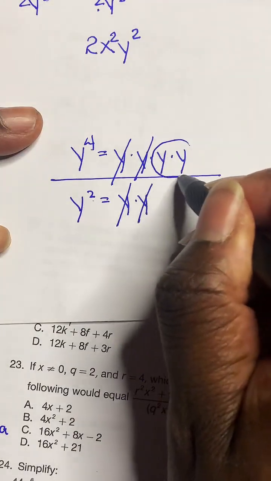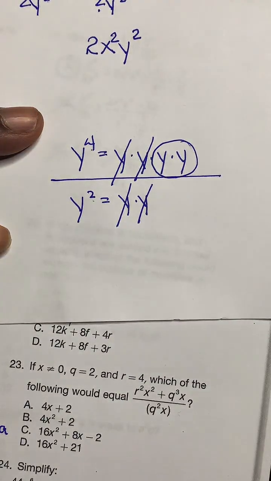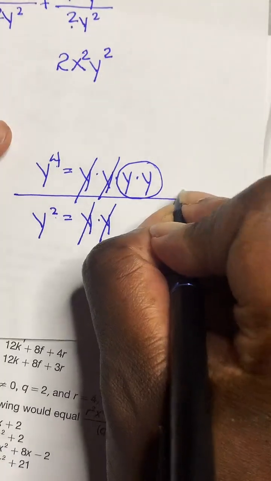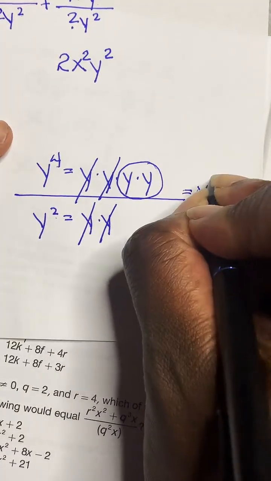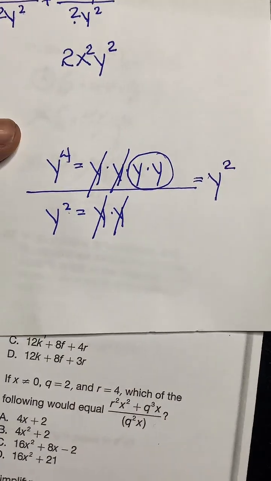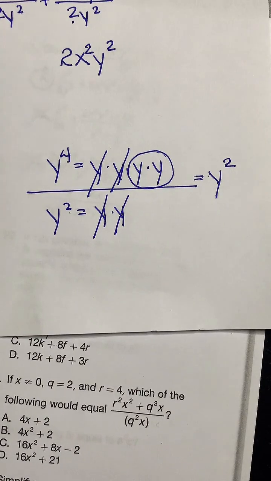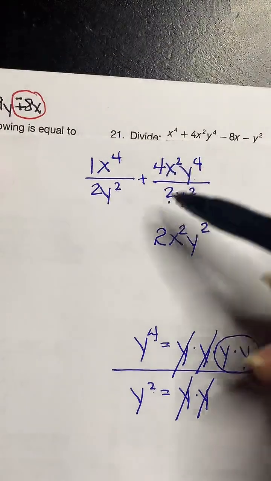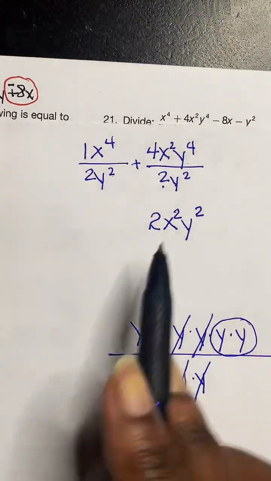And here's the 2 y's that we have left over. That's why this equals y squared. Okay, what happened to the 2 in front of the y? You divide it. What's 4 divided by 2? 2.